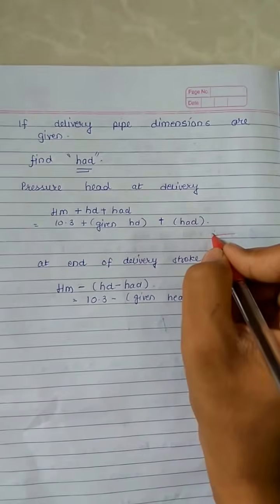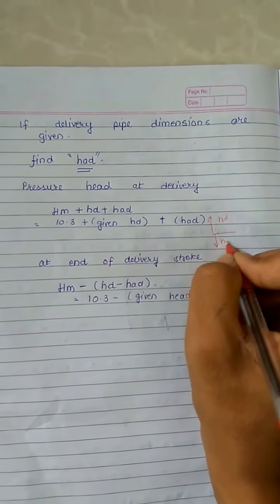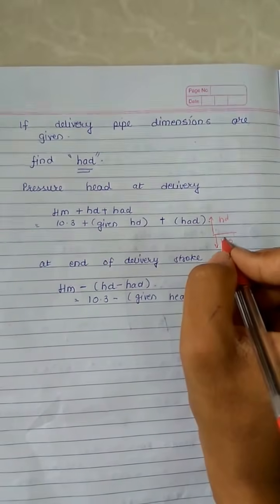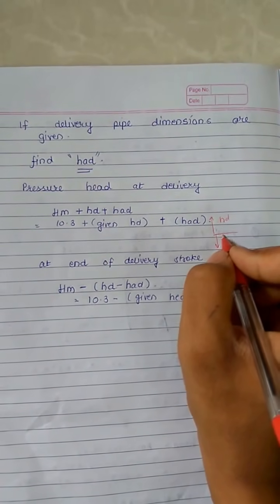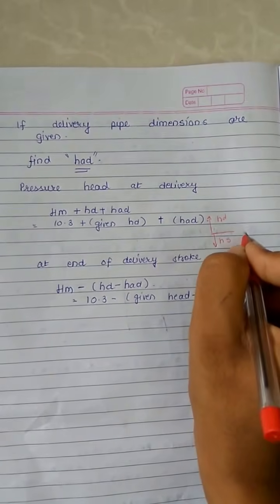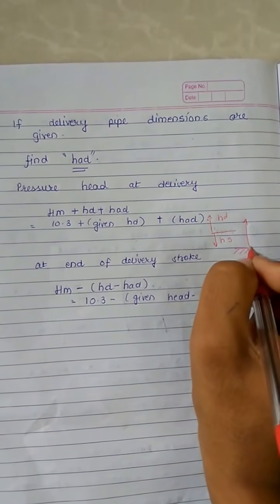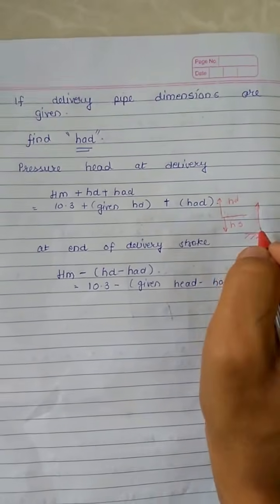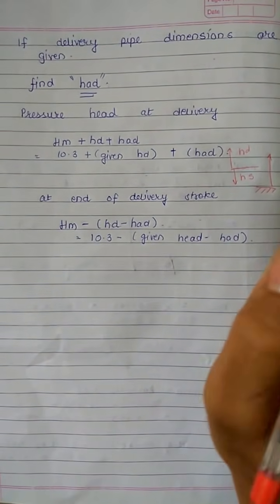So this is the atmosphere, here lies HD and here lies HS. So HS will always be subtracted from the atmospheric line and HD will always be added to the atmosphere line because we start counting pressure from the datum. Therefore this is the datum and we start counting pressure, and hence the suction and the delivery pressures can be found out.